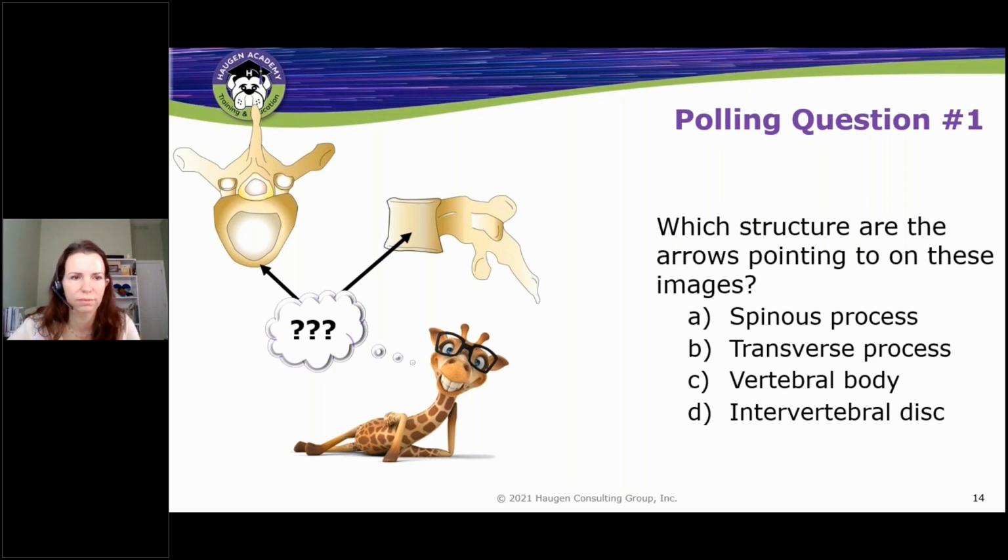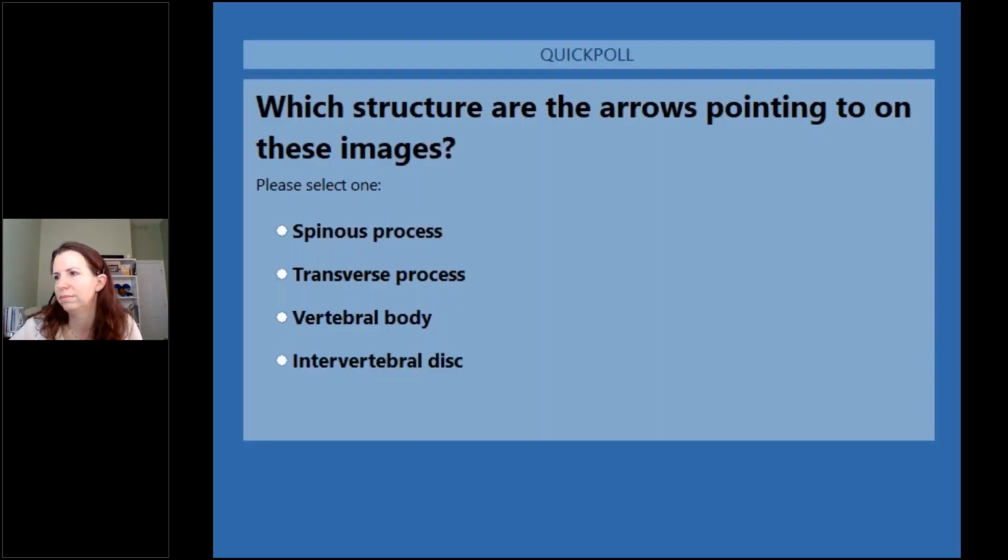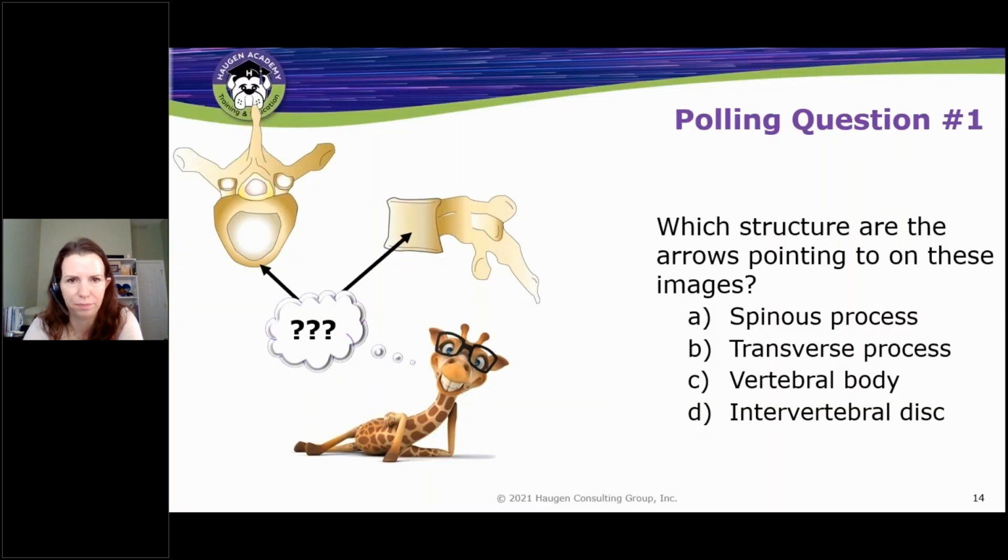So let me go ahead and launch so you can, hopefully you got to look at that image and go ahead and answer. Folks are engaged. Let's go ahead and see how we did.